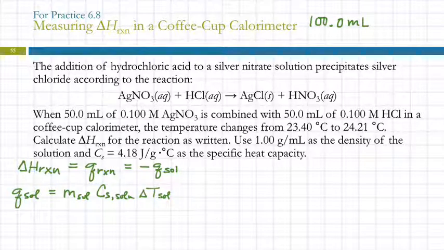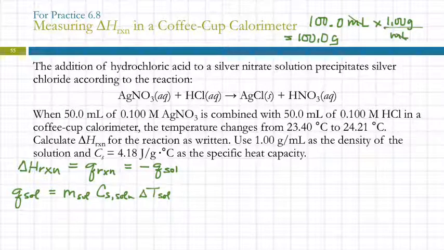To convert volume to mass, we need the density. They're telling us to use 1.00 grams per milliliter as the density. So we use the density to convert from milliliters to grams. So that's just equal to 100.0 grams.